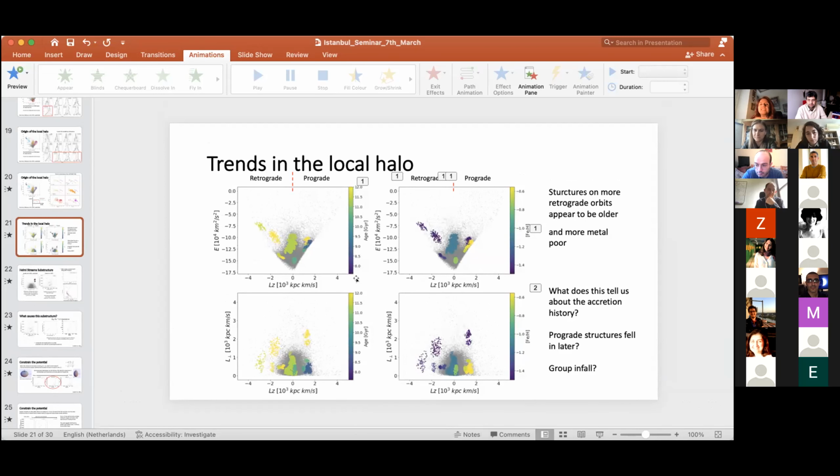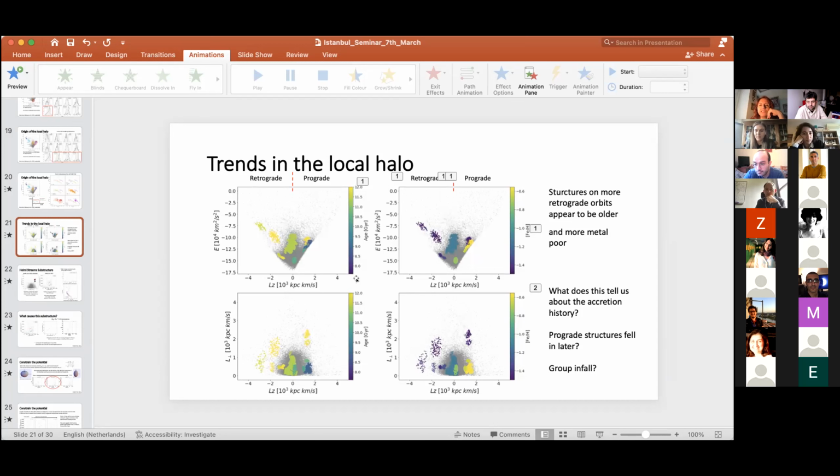Is the velocity extremely small, or is whatever is moving in the halo usually pretty fast? And how do they acquire that retrograde motion? What could cause it? Can you explain that?